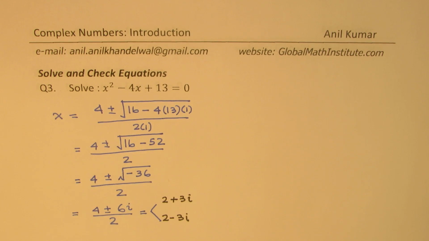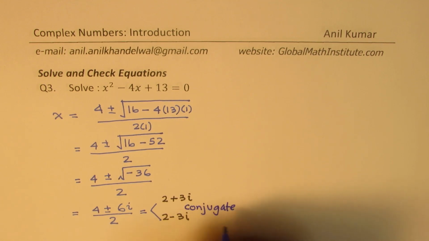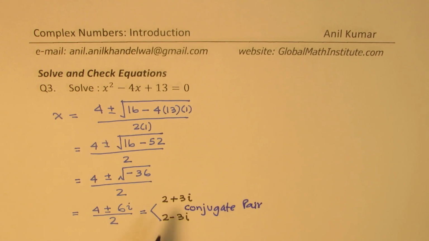So this is referred to as a conjugate pair. Correct. So 2 plus 3i and 2 minus 3i are conjugates of one another.